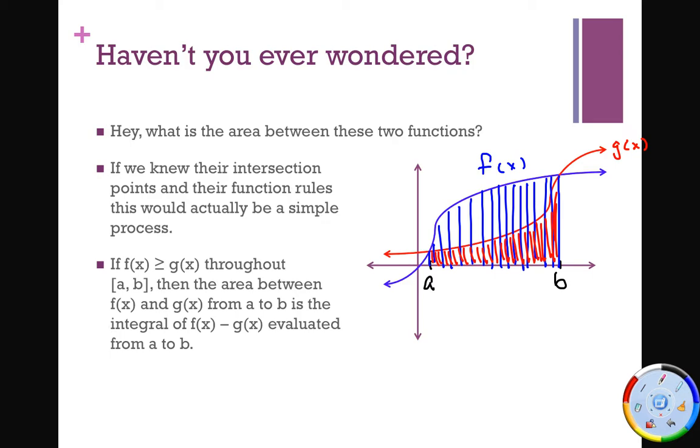If f of x is greater than g of x throughout the entire interval from A to B, then the area between them is the integral from A to B of f of x minus g of x dx. This is the area in here between f of x and g of x.